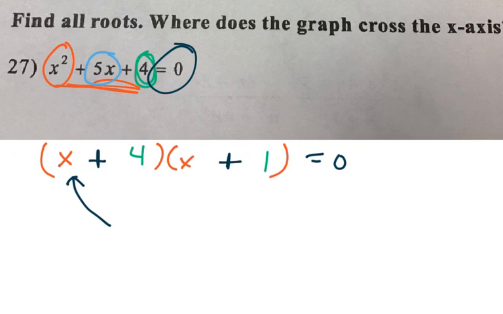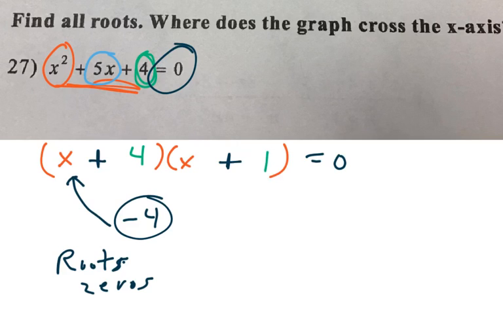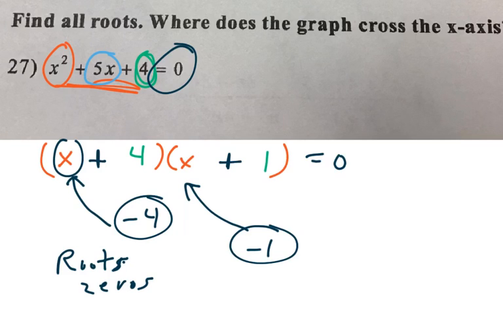Right here, I know one of my roots, or zeros as we like to call it, okay, is negative 4, because negative 4 plus 4 is 0. And right here, my second root is at negative 1. And which is probably just as important, guys, is not only did we solve it, but do you understand what it really means?